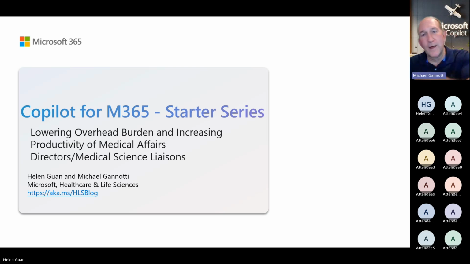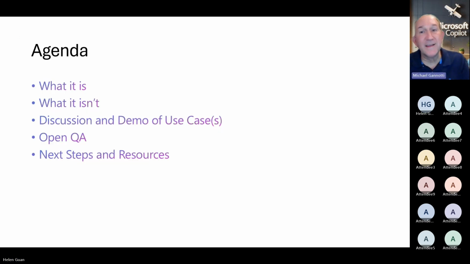You want to go ahead and move it forward, Helen? Sounds good, Mike. So the agenda. We have a couple of things we're going to look at today. Number one, when we talk about Copilot for Microsoft 365 in the whole pharmaceutical space, especially the areas we're looking at today, what it is and what it isn't. There's going to be a discussion and demo around use cases.